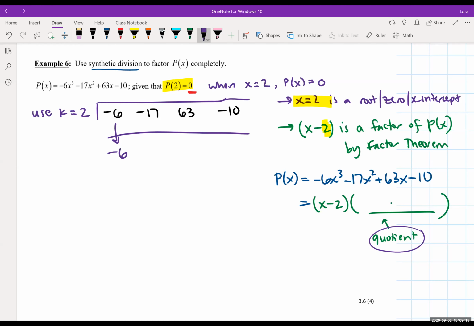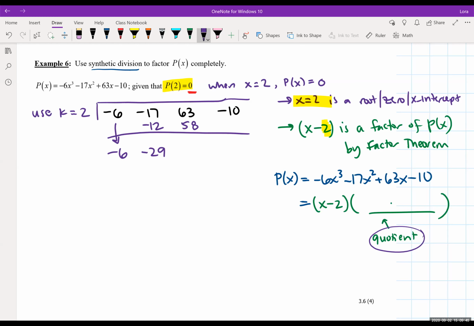Then whatever we drop below the bar, we're going to multiply it with our k. So -6 times +2 is -12. We're going to add vertically: -17 plus -12 will give us -29. We're going to take that -29 and multiply it by 2, and we should get -58.